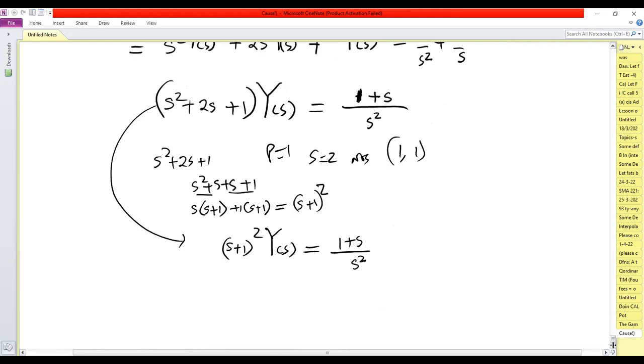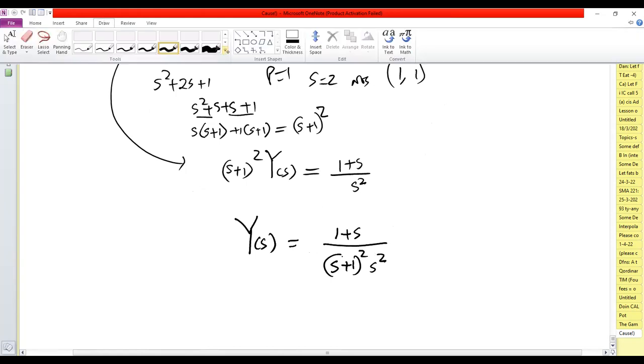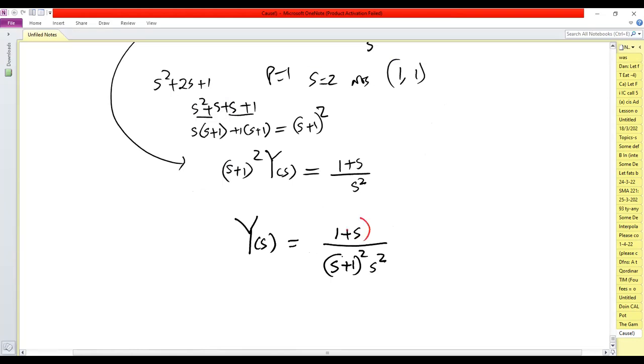And when you make y of s the subject, then you'll get y of s is given by 1 plus s over (s plus 1) squared times s squared. And you see at this point, this will reduce this one by 1.